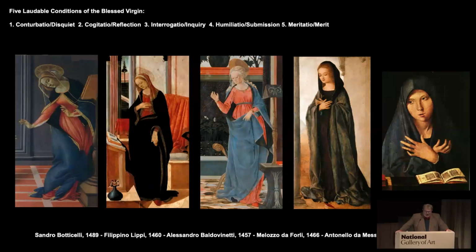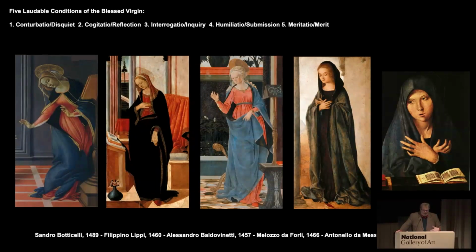And then the last one is, in fact, an image that isn't part of the actual Annunciation iconography, where you have the two figures. That usually is a separate format. And I'm showing you this painting on the right by Antonello da Messina, a Sicilian painter. And this last phase is meritatio, merit.